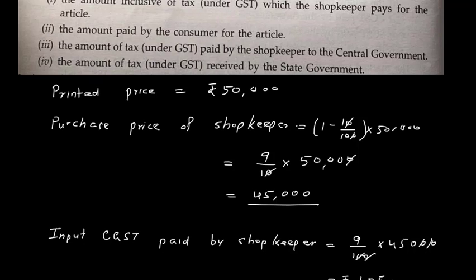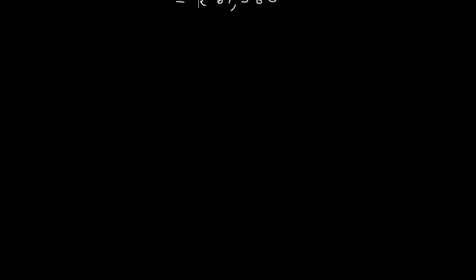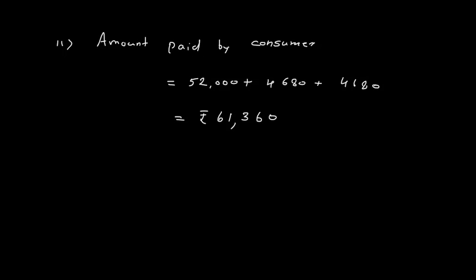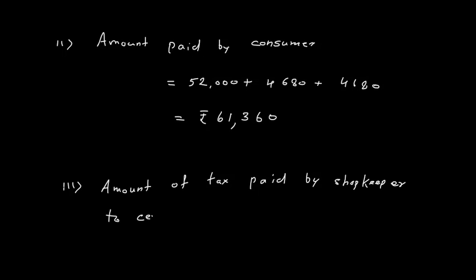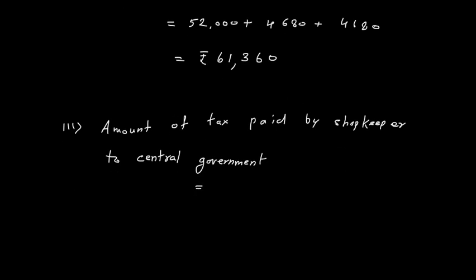So the third point is the amount of tax paid by the shopkeeper to central government, which is output CGST minus input CGST.